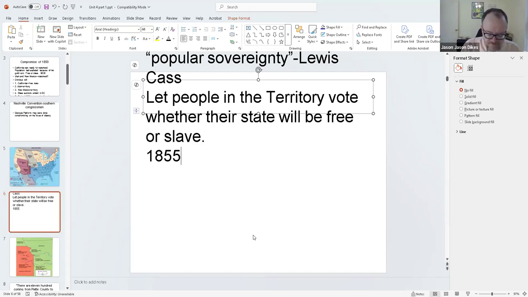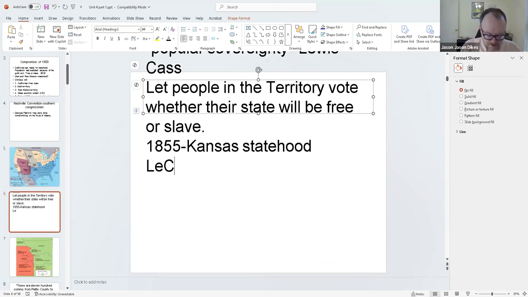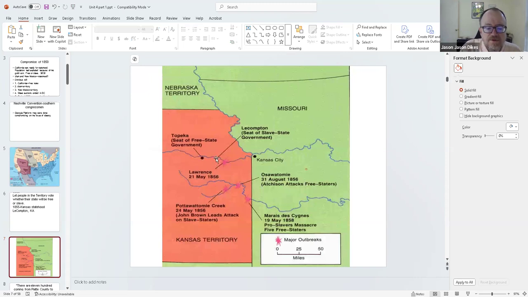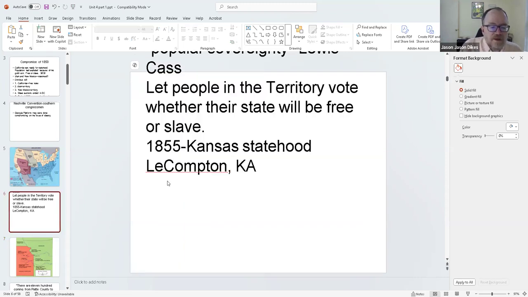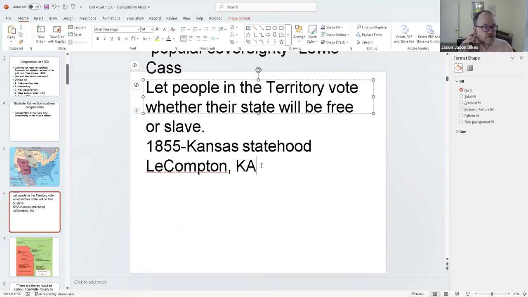By 1855, Kansas was ready to apply for statehood, and the vote took place at Lecompton, Kansas, which you can see on this map right here. And what you were basically voting for was a constitution, the slave state constitution or the free state constitution. And these constitutions had been published so everybody could read them.